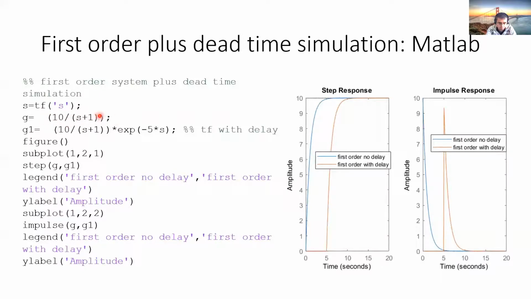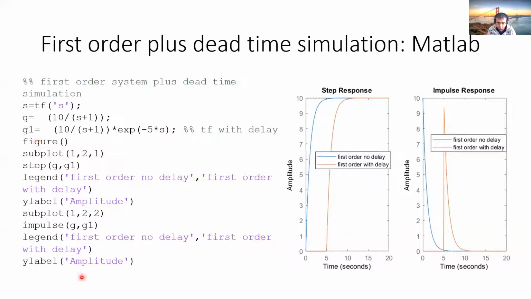One is without delay, and the other one is with the delay. You can see here that it is basically the exponential of -5, that is the delay, times s. This is the transfer function with delay, this is the transfer function without delay. This is one way that we can implement the delay into a transfer function.